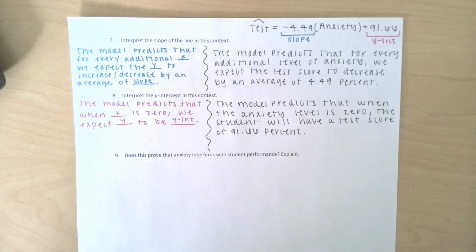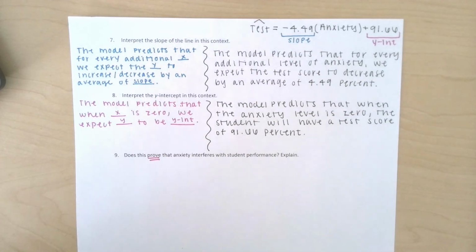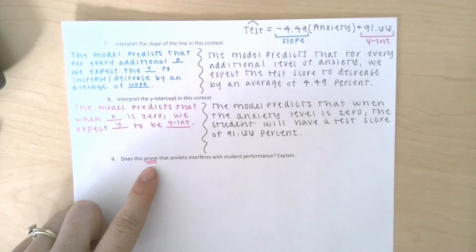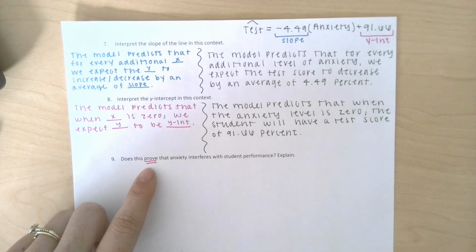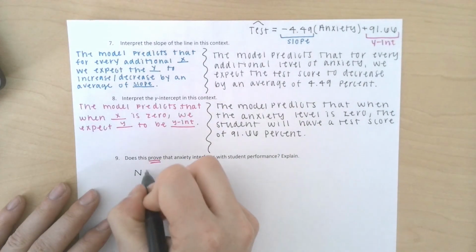Okay, the last one here says, does this prove that anxiety interferes with student performance? The big keyword that we're looking at here is this proving. Scatter plots show correlation. They can show relationships, but scatter plots can never show causation. They can never prove something to be true. So I'm going to say no here.